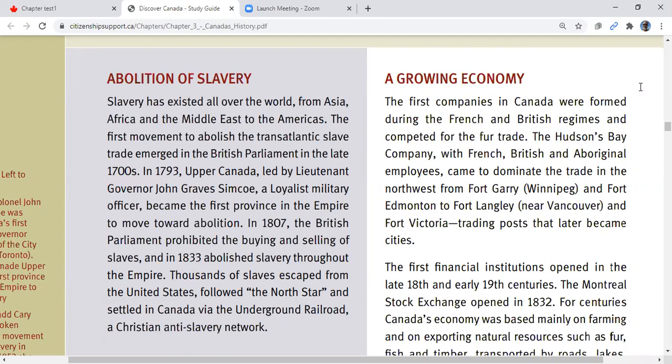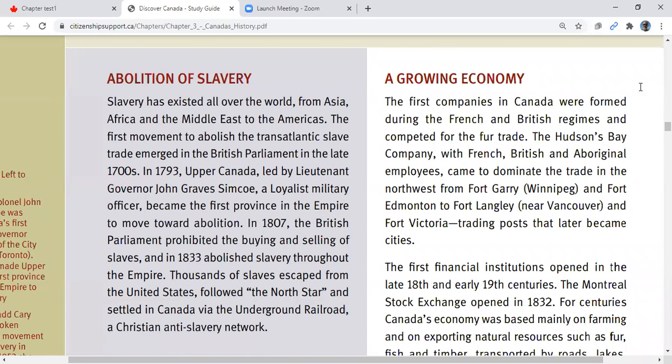And it would usually be near water because the Aboriginals would go in their canoes and they would bring beaver pelts to this trading post.